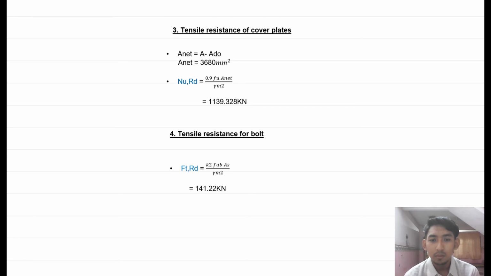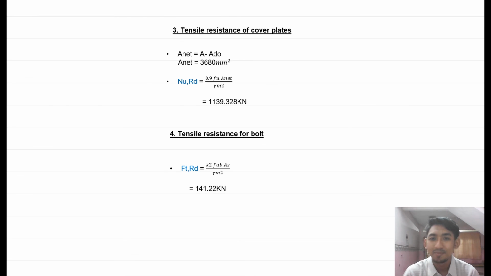The last one, we find the tensile resistance of the bolt, FTRD. The formula is K2 times FUB times AS over gamma M2. So FTRD is 141.22 kN. Okay, that's all from me.